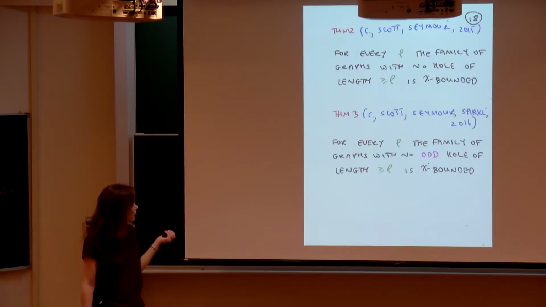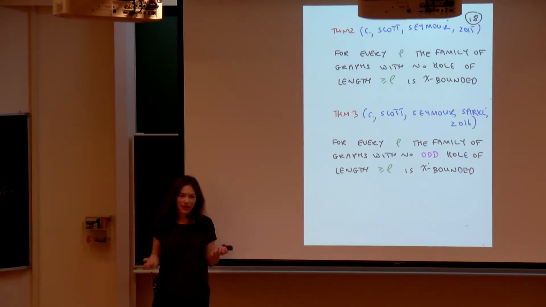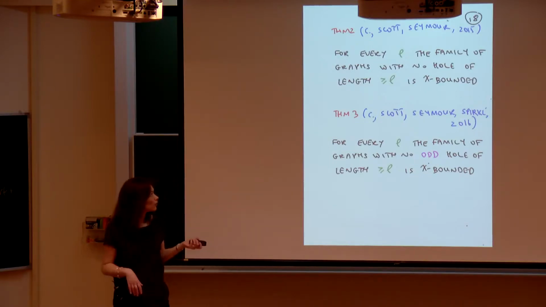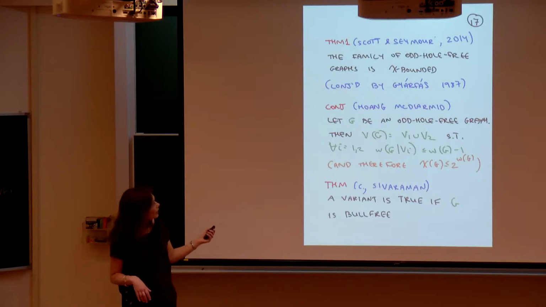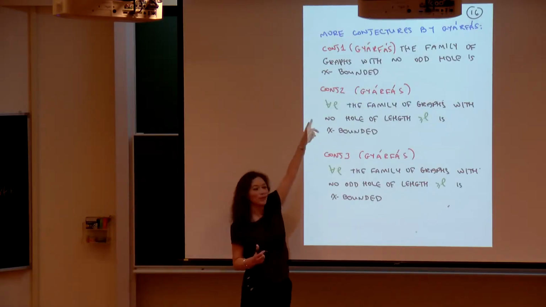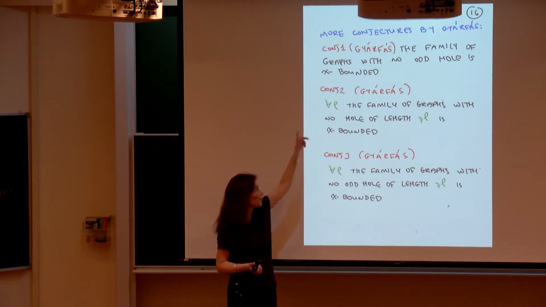Okay, so what I want to do now is give you some hint of what all these proofs look like. But of course, I don't actually want to show you a hard proof. So this is a common strengthening of those two. Instead, I'll show you a proof of a common weakening of those two.